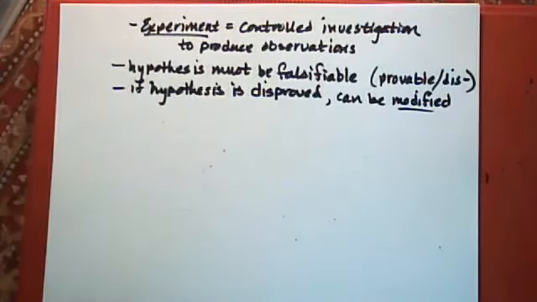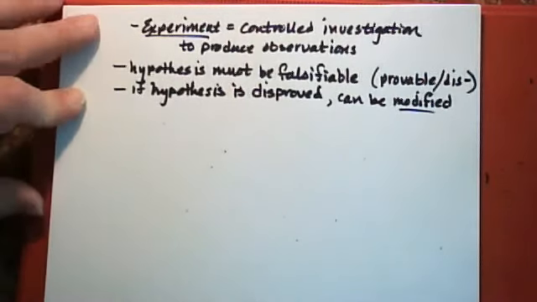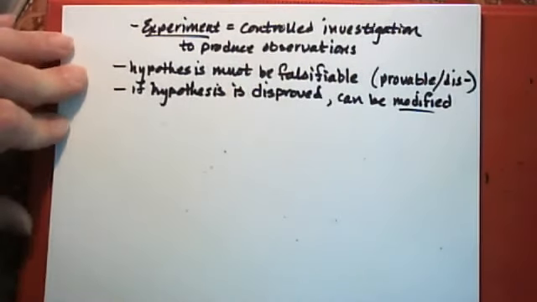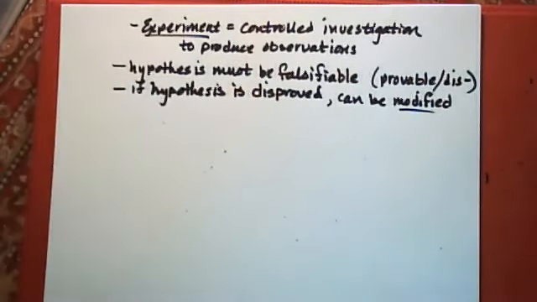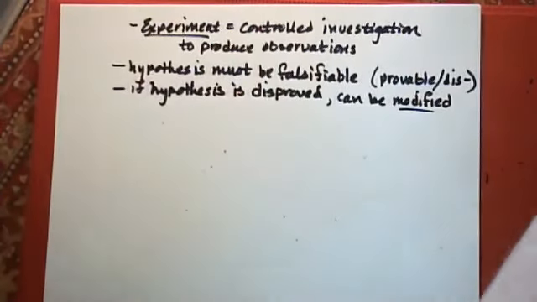Because there's no rule that a hypothesis is set in stone. In fact, in the scientific method, nothing is ever set in stone. There's always room for refining or improving the various hypotheses or theories or laws in science. So your hypothesis could be modified, and you could come up with another one, and then you could test that and see what the result is, and so on.